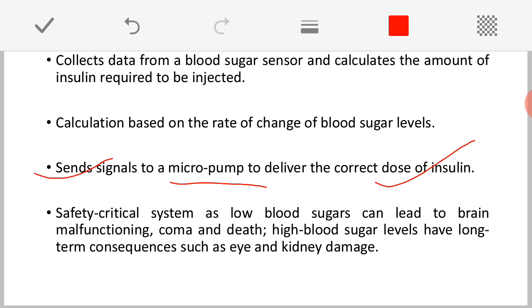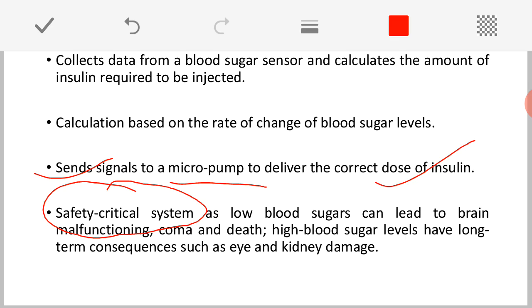This particular system is a type of safety critical system. Just have a look at the words that we are using here, safety critical. First of all, the system is a critical system. Why? Because this particular system deals with the patient's body. If something goes wrong with this device, it is very dangerous to that particular patient.